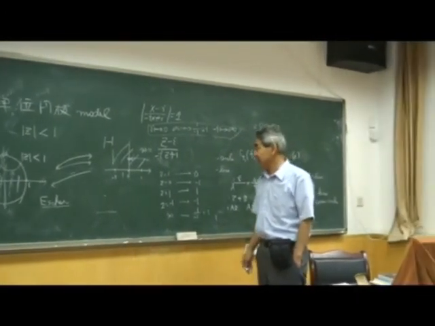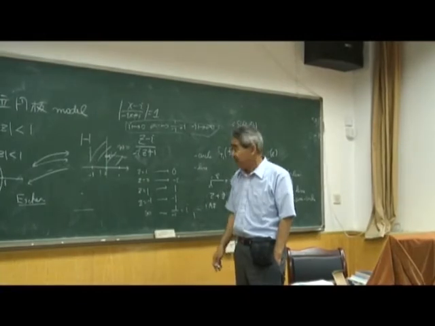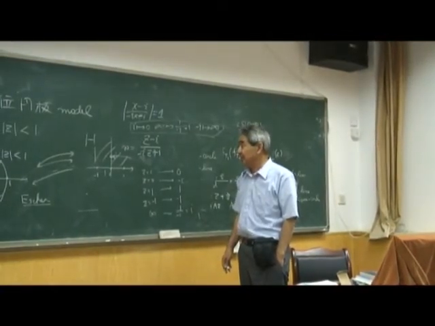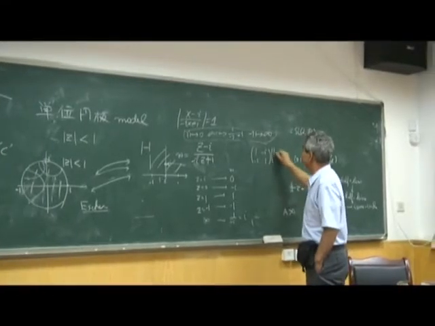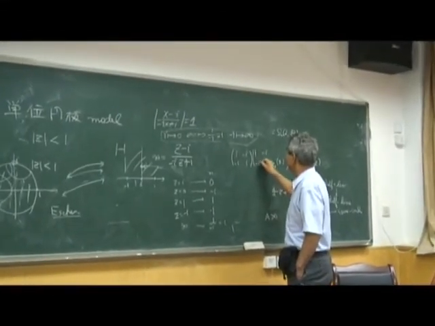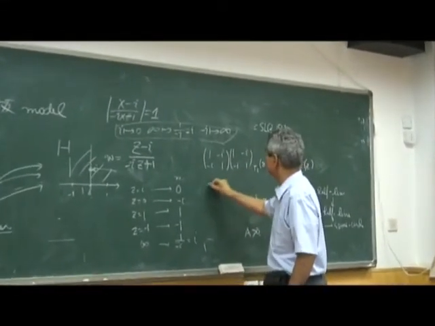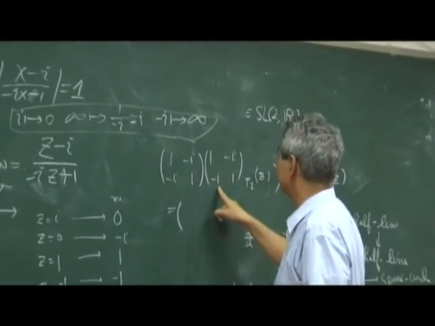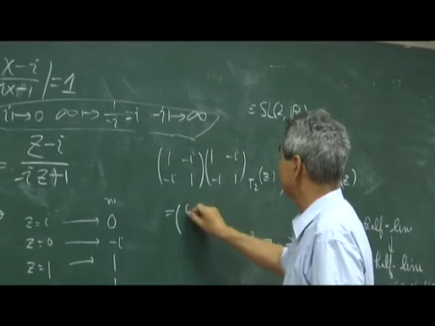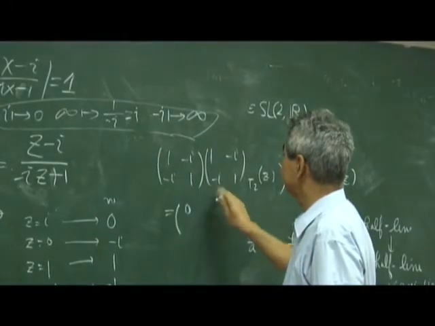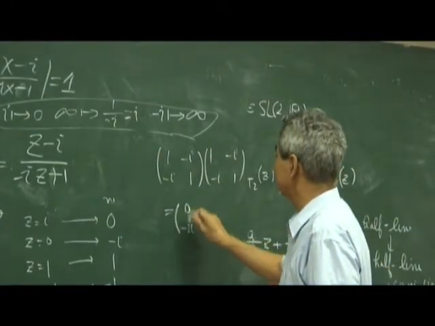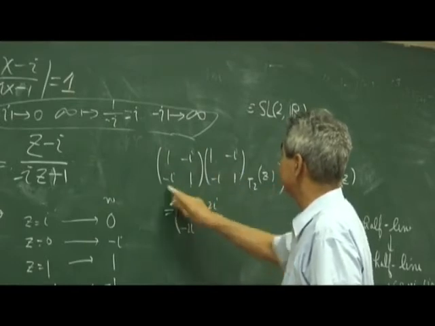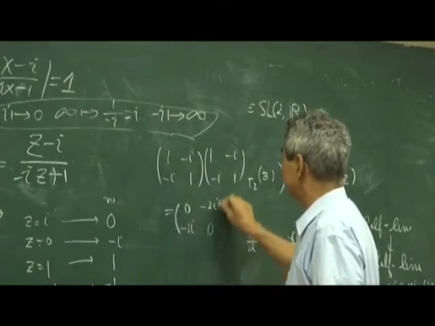So this gives you Z equals I goes to 0 and 1 minus I, 1 is what you get. 1, 1, 0, 2i, minus 2i, and 0.